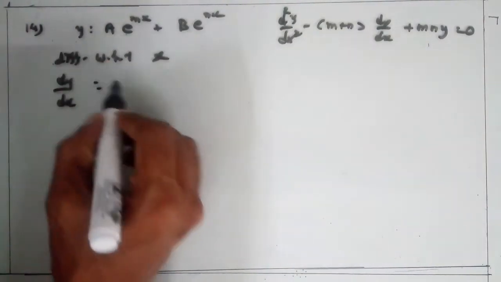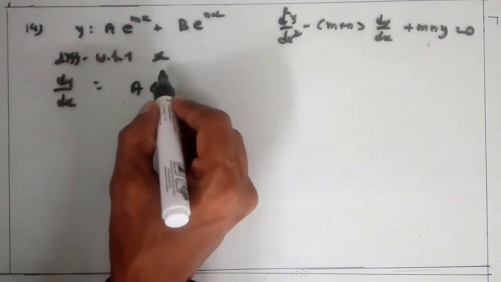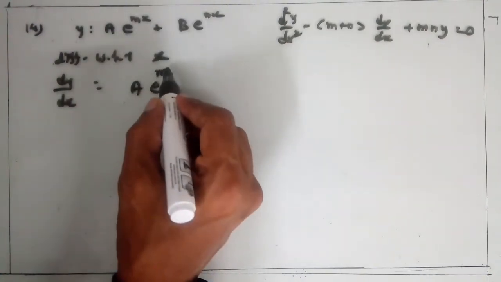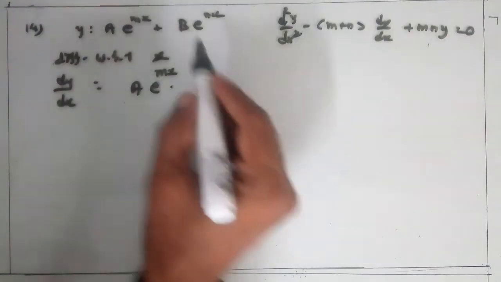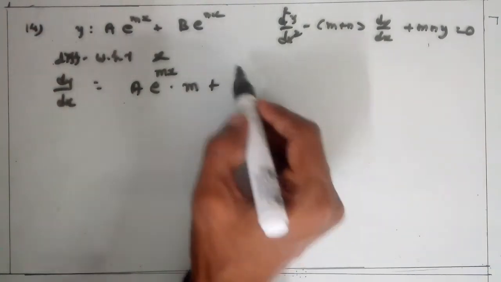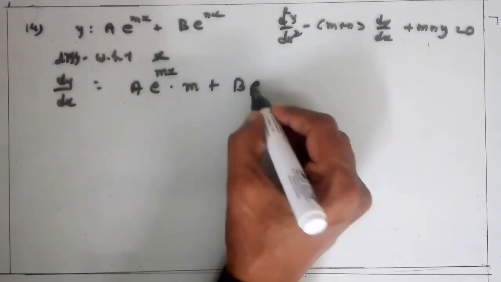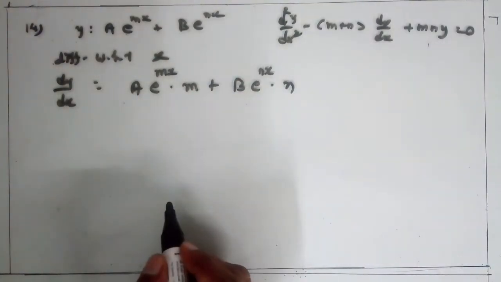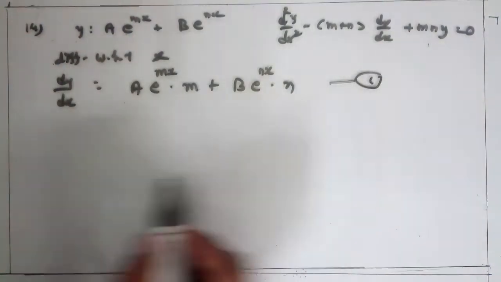So dy/dx is equal to a times the derivative of e^(mx), which is e^(mx) into the derivative of mx, that is m, plus b into the derivative of e^(nx), which is e^(nx) into the derivative of nx, that is n. Clear this? Say this result number 1.